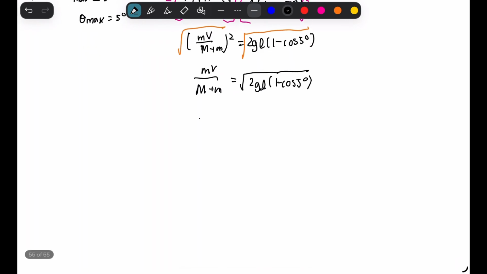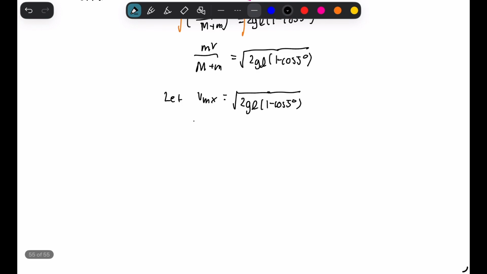After this, we're going to let that V max is equal to the root of 2 g L (1 - cosine 5 degrees). Then we're going to have that m V / (M + m) is equal to V max, because that's what we have for our V.